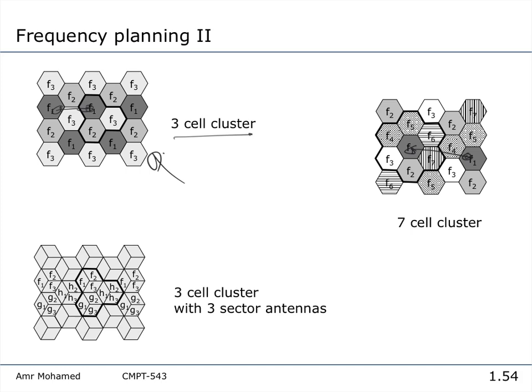Another way of trying to limit the interference and increase the frequency reuse is to use what we call sectorized antennas, or sector-based cells. In that case, we try to use sectorized antennas, and these sectorized antennas are some type of directional antenna.